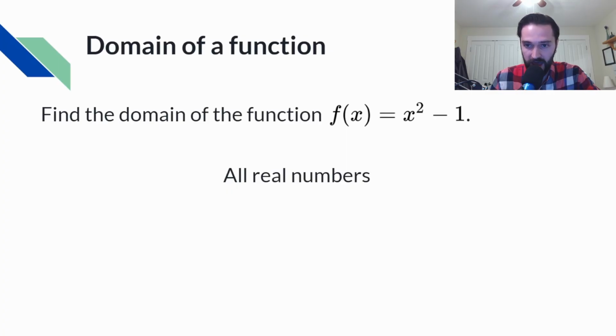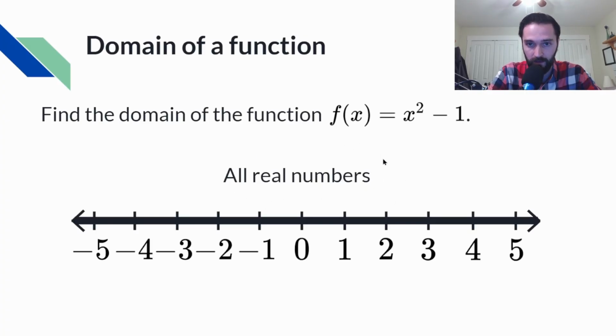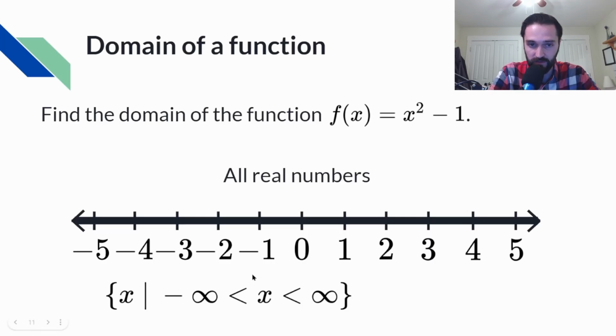And there are four ways that we can express sets of numbers. We talked about this in one of the inequality videos. So the domain, we can state it verbally. We can say the domain is all real numbers, or we can draw a number line, and in this case, we shade everything on the number line. And there's also set builder notation that looks like this.